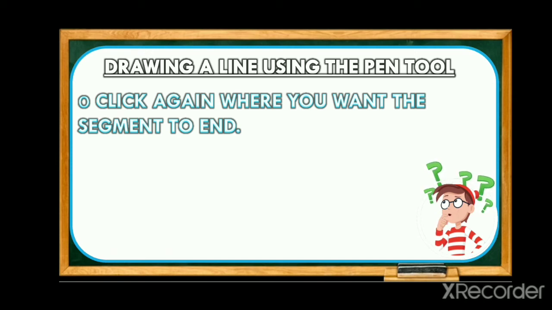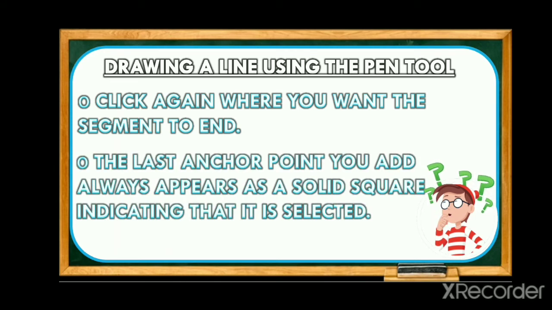Continue clicking to set anchor points for additional straight segments. The last anchor point you add always appears as a solid square, indicating that it is selected. Aside from that, the previously defined anchor points become hollow and deselected as you add more anchor points.